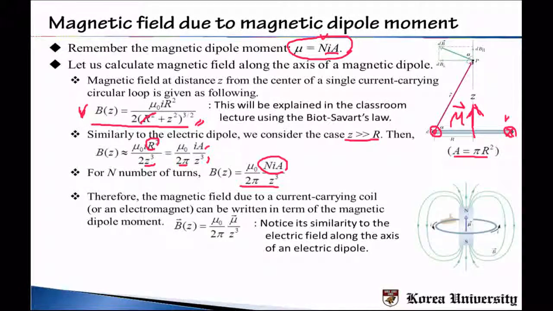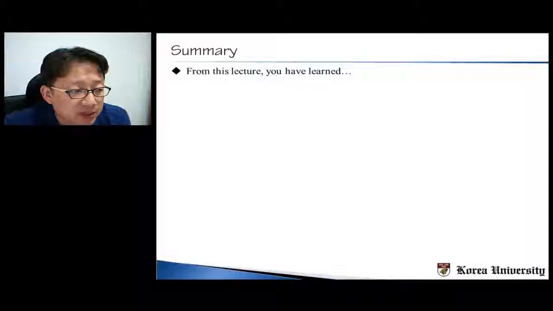So finally you can write that the magnetic field along the direction of the magnetic dipole moment has to be proportional to the magnetic dipole moment itself, and is inversely proportional to the cube of the distance from the magnetic dipole moment. And this dependence on the distance from the dipole moment is the same as what we have seen in the case of an electric dipole.